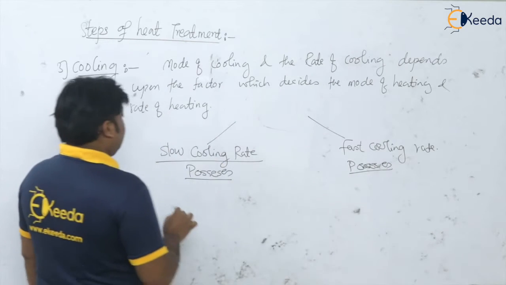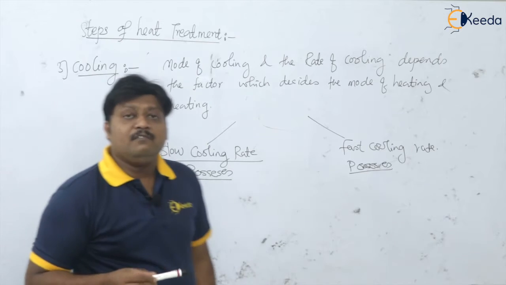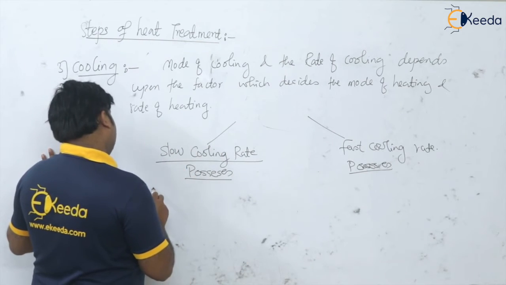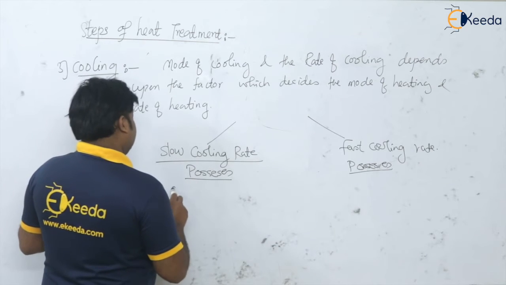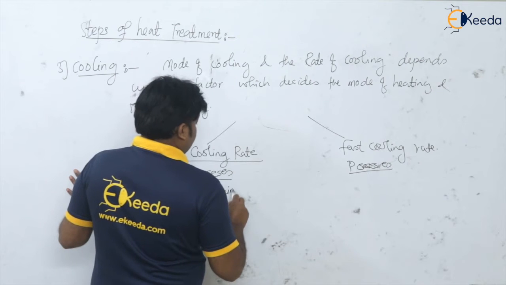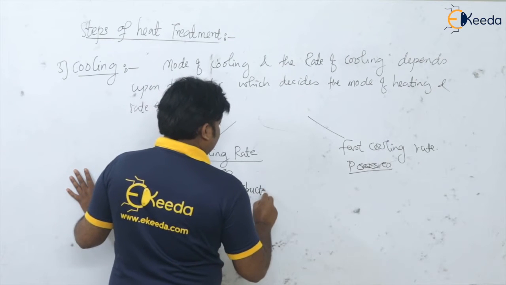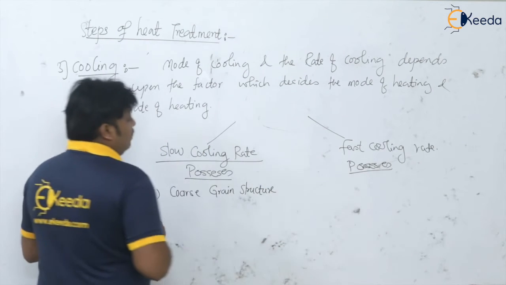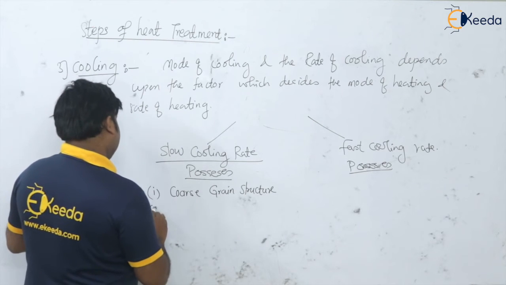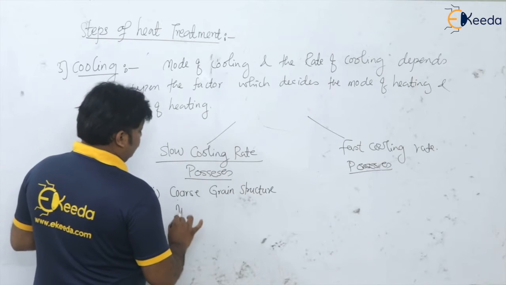Let us see, when we cool this specimen with very slow cooling rates, what are we going to get? First, please remember, when we cool with very slow cooling rates, we get a coarse grain structure.